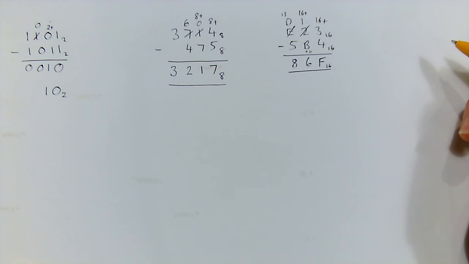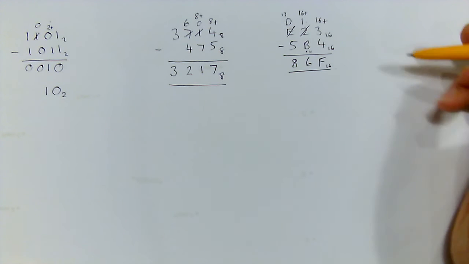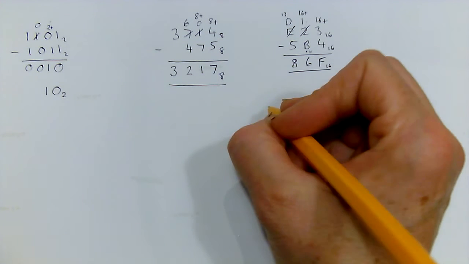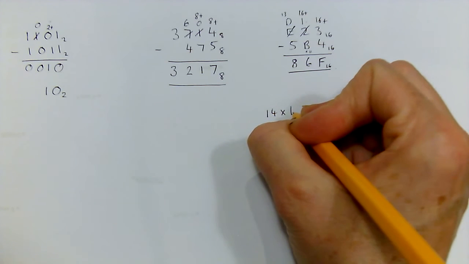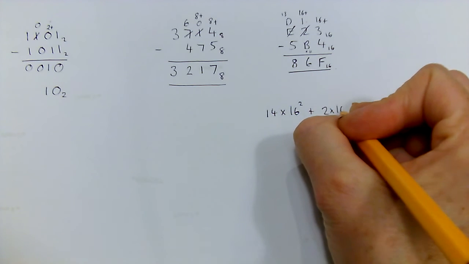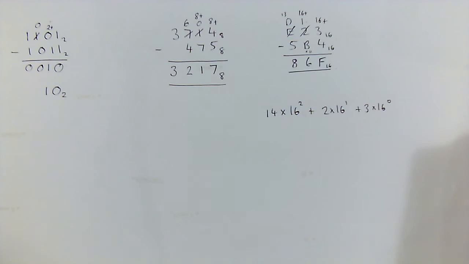If you find this tricky, you can convert into decimal and convert back out again. So let's try the last one. So E23. That means 14 times 16 squared plus 2 times 16 to the 1 plus 3 times 16 to the 0.